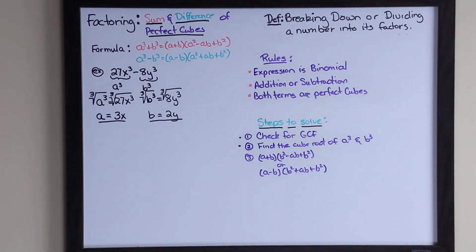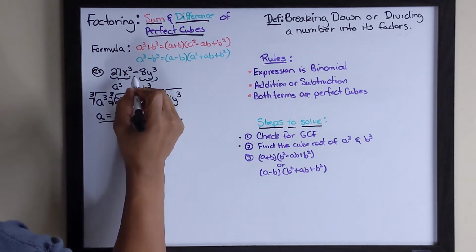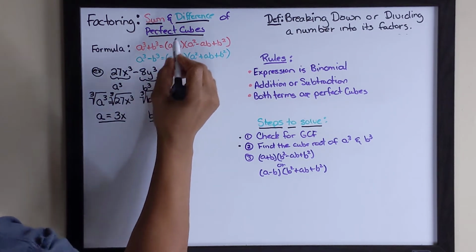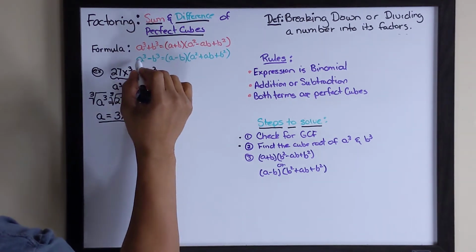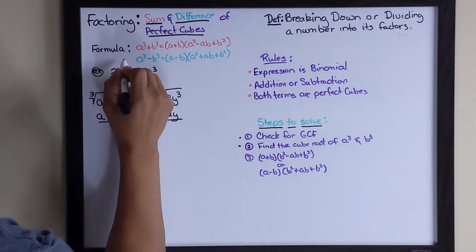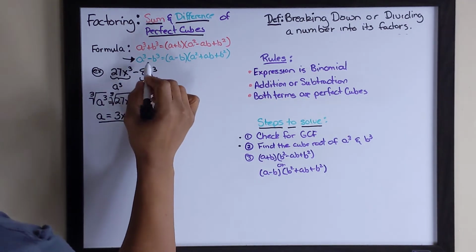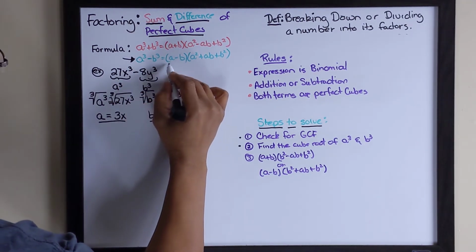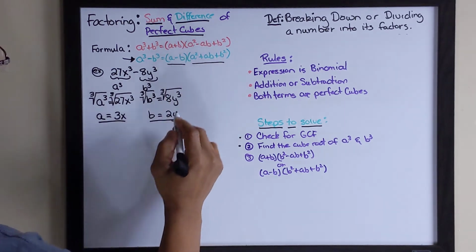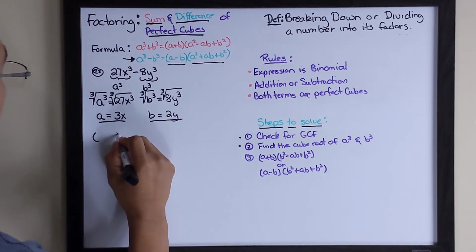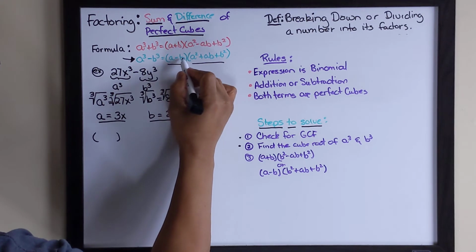Now that we have that, we're going to plug it into our formula. Since this is a subtraction problem, it is representing the difference of perfect cubes. So we're going to be using this formula right here. So here we have, in our solution, we need to have this and this. The first parentheses requires me to have a minus b.